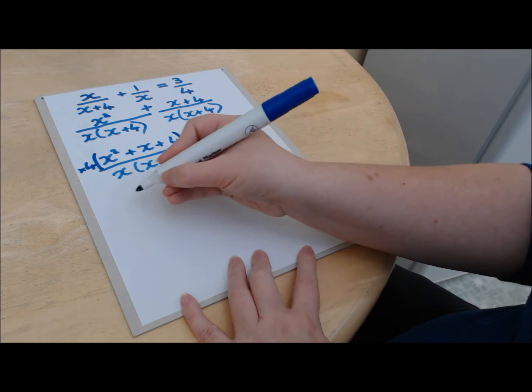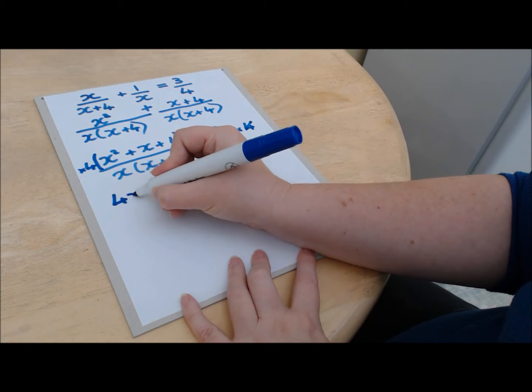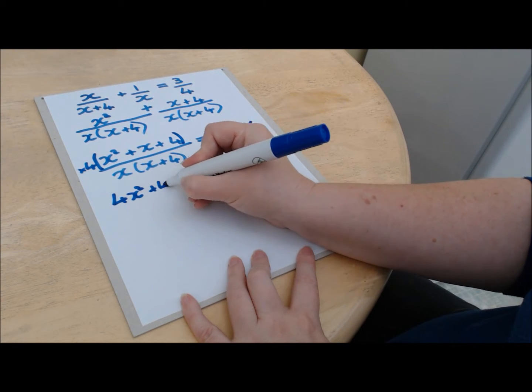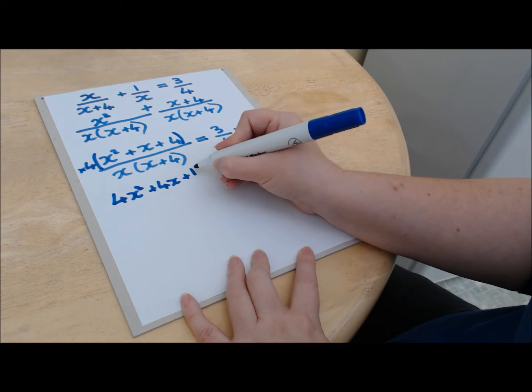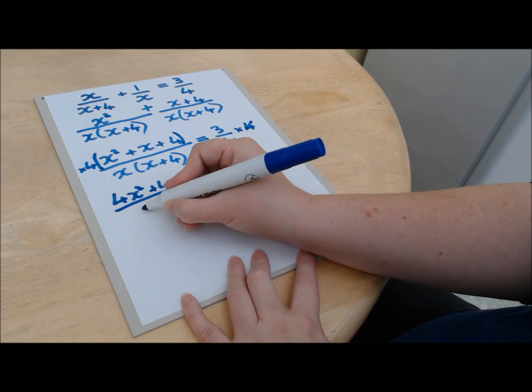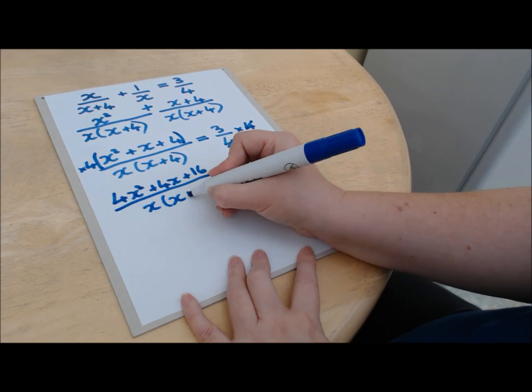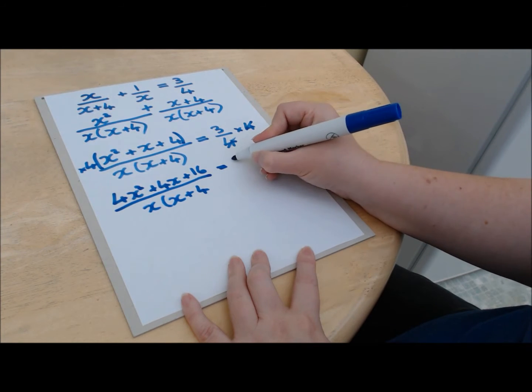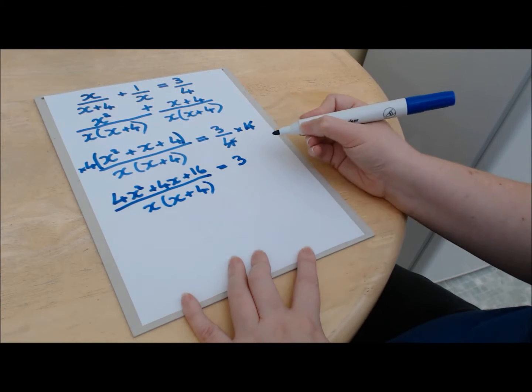Okay, so that means we're going to have 4x squared plus 4x plus 16 on the top there. And then here our bottom hasn't changed, but that equals 3. Whoops.